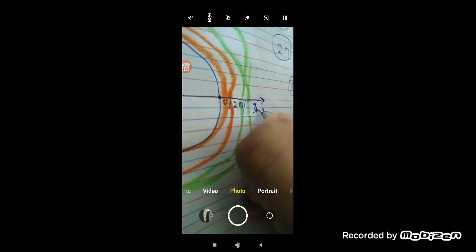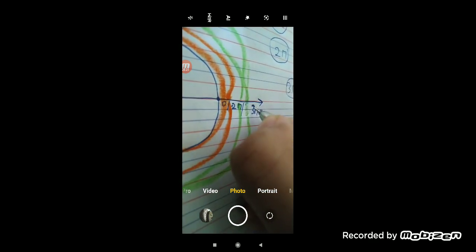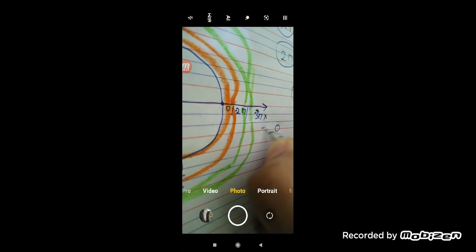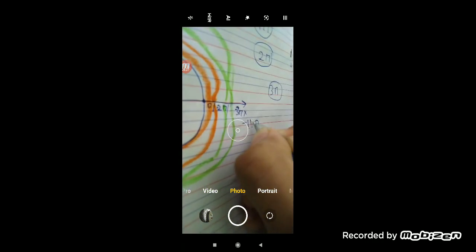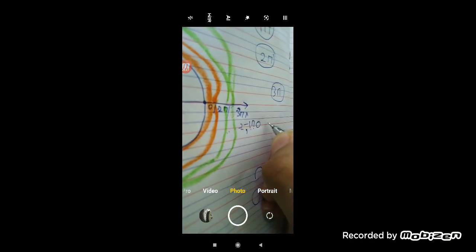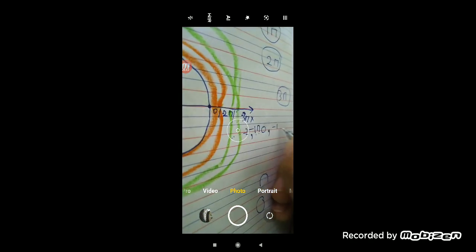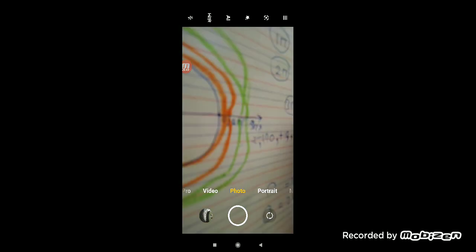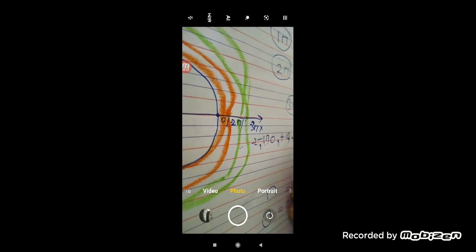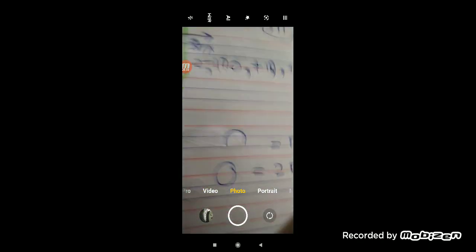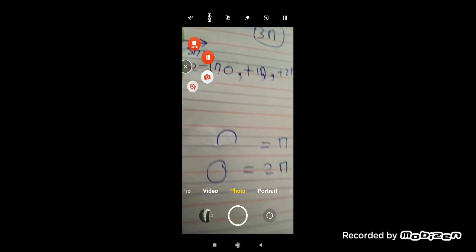This is minus 3 pi also. This is 0, 1 pi, minus 2 pi. Sorry, this is plus 1 pi and plus 2 pi, and so on.